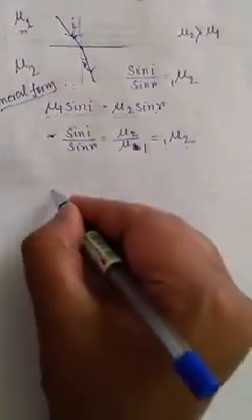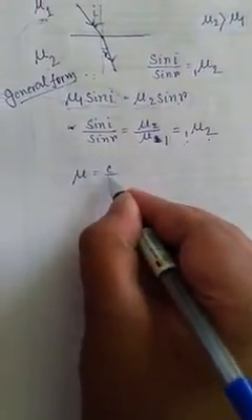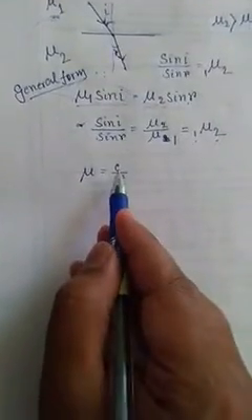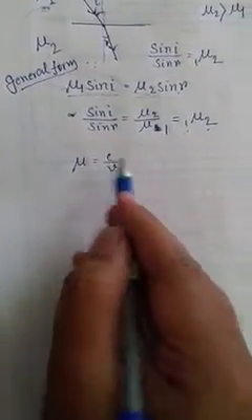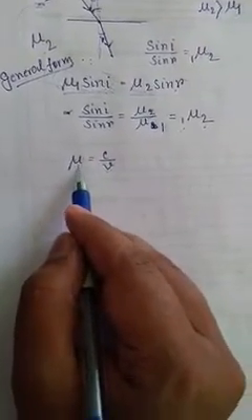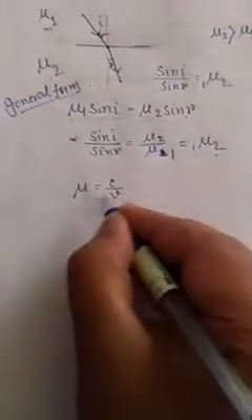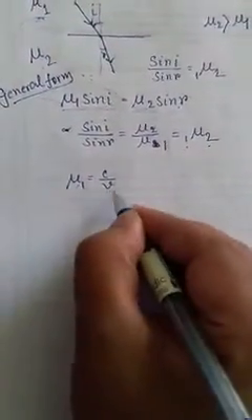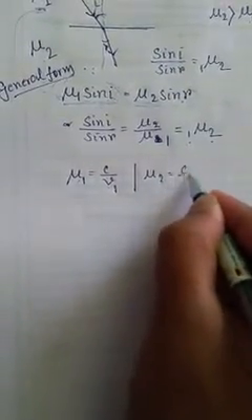Actually basically we have the formula mu equal to c by v, where c is the velocity of light in vacuum, বা শূন্য মাধ্যমে আলোর বেগ, and v is the velocity of light in any medium, and mu is the refractive index of that medium. Mu equal to c by v, so I can write mu1 equal to c by v1, as well as mu2 equal to c by v2.